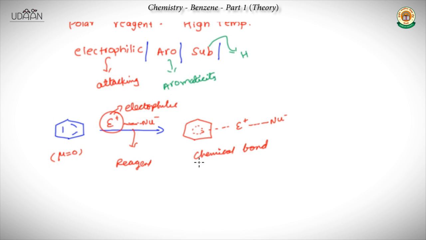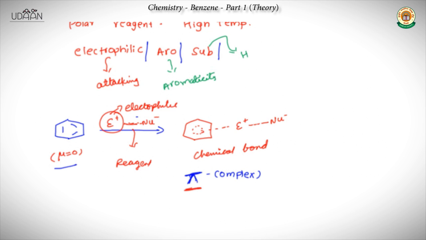Remember, this is called a sigma complex. This is a pi complex actually, and this has initially mu equal to 0, and in the presence of an electrophile you will get a pi complex, not a sigma complex, a pi complex we call it.